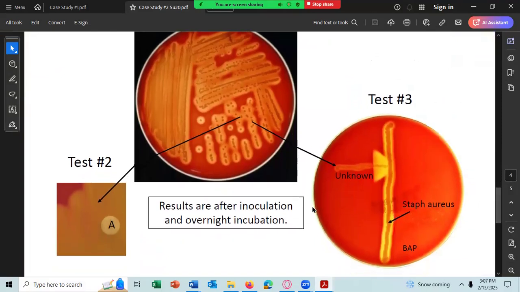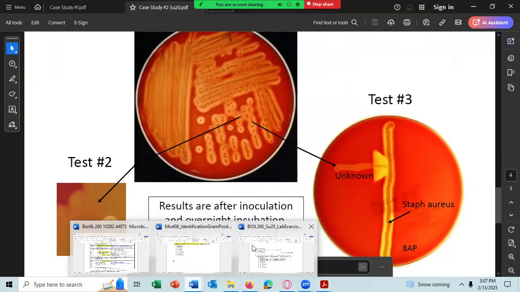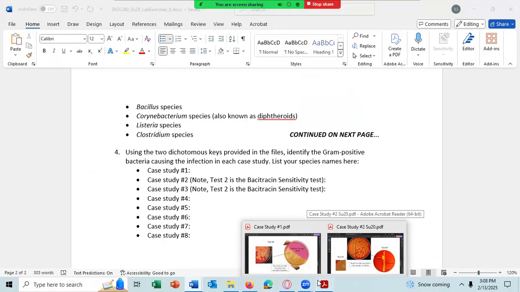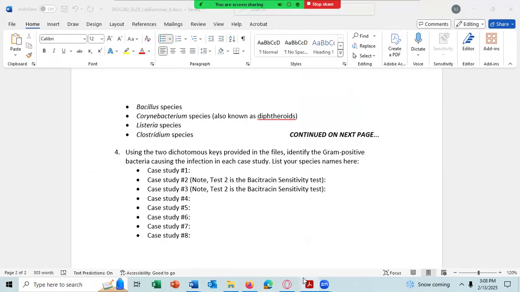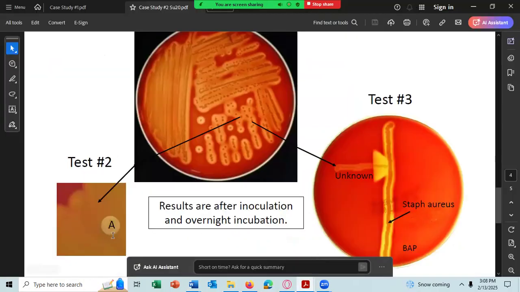And then they did test 2, which is, I believe, the novobiocin test. Let me make sure that's correct. I've got it written on here. Test 2, sorry, it's not the novobiocin test. It's the bacitracin sensitivity test.